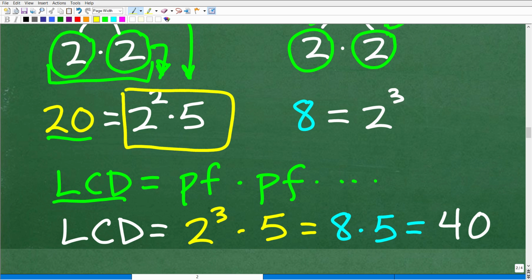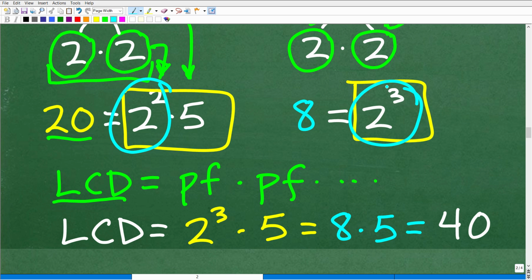We got these ones right here and this one right here. So the LCD is going to be the product of those respective prime factors. In other words, we have to scan through and have every unique prime factor represented in this product. So here we have 2 squared and 2 cubed.